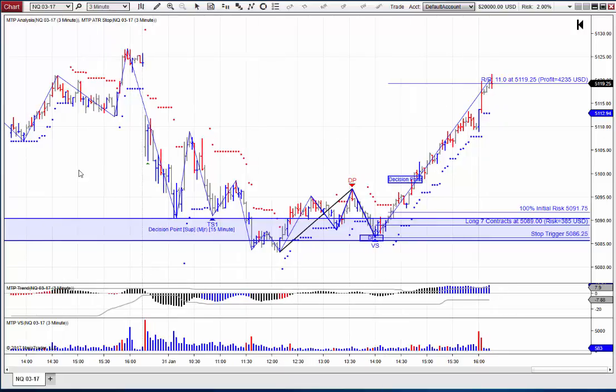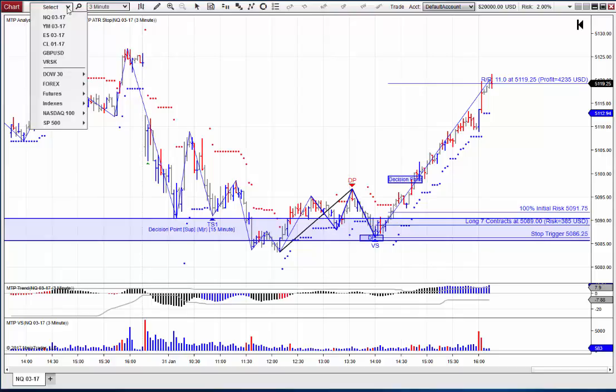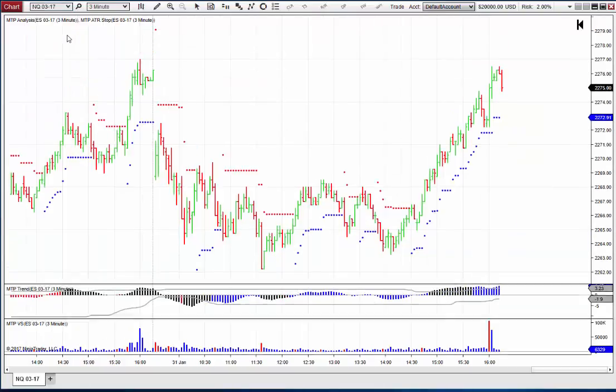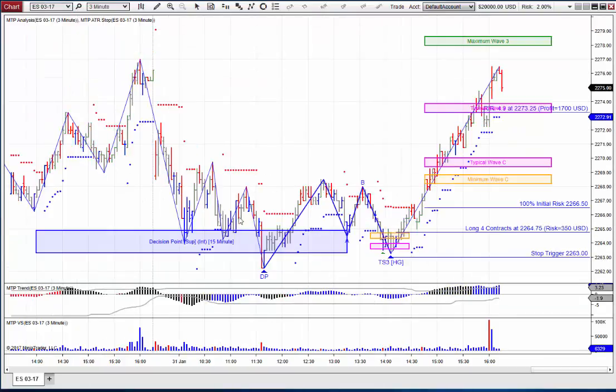So all in all, a very good day on the NQ and ES yesterday for MTPredictor, and it's amazing how markets change, because as I said, when I was looking at this earlier in the day with our customers in our MTPredictor trading room, I was anticipating a choppy sideways day, and that's exactly how it was unfolding up until this Holy Grail buy setup, off which we got a very nice rally.